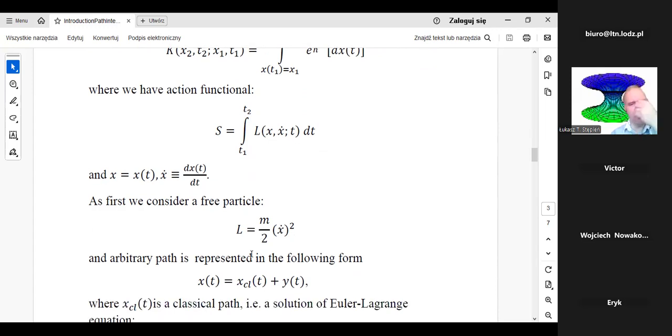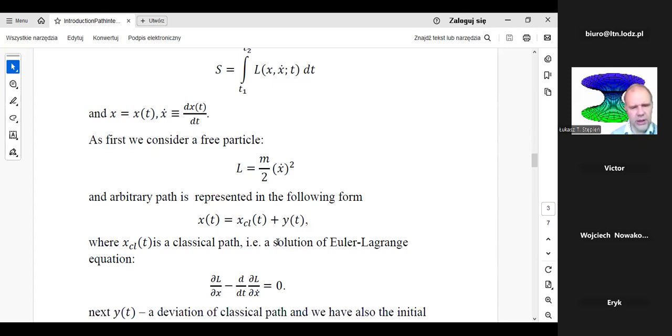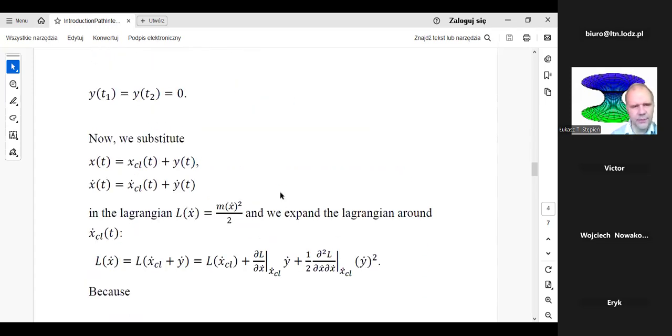And arbitrary path is represented in the following form, where x classical is the classical path, or the solution of Euler-Lagrange equation, and y of t is a deviation from the classical path. So we also have the initial conditions, yes?